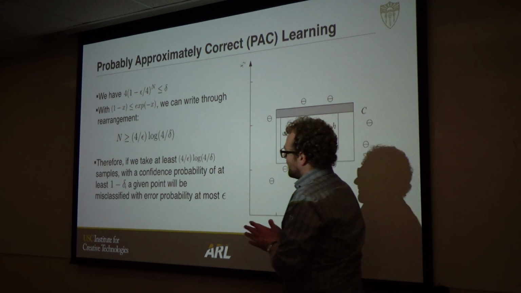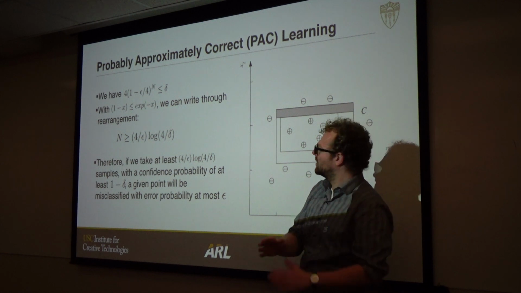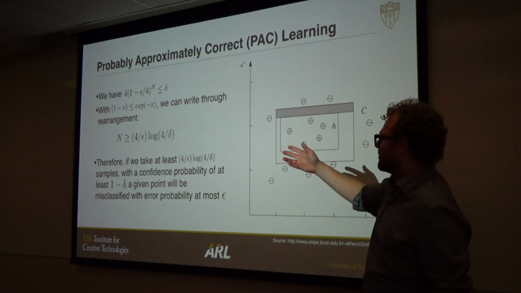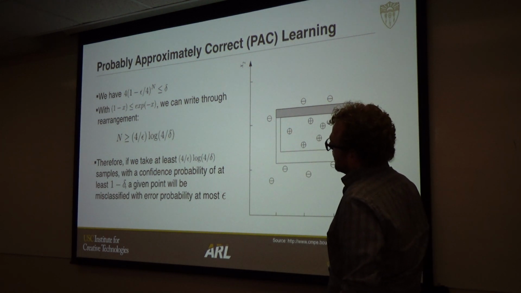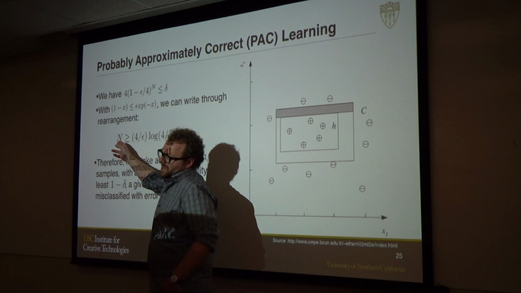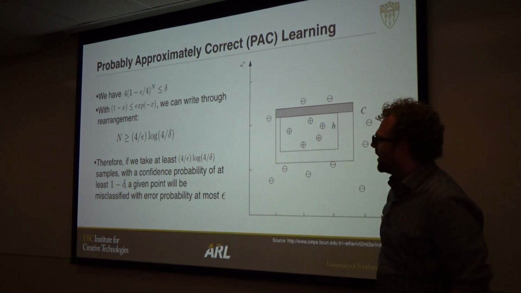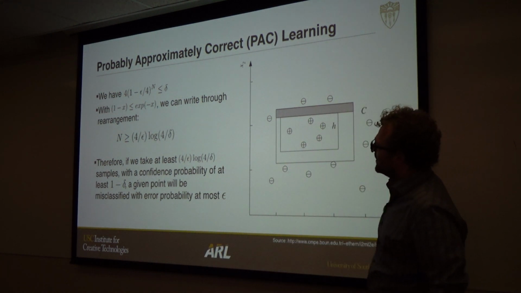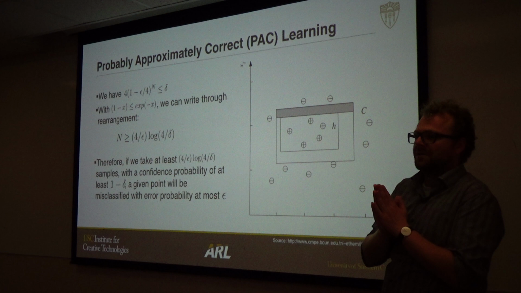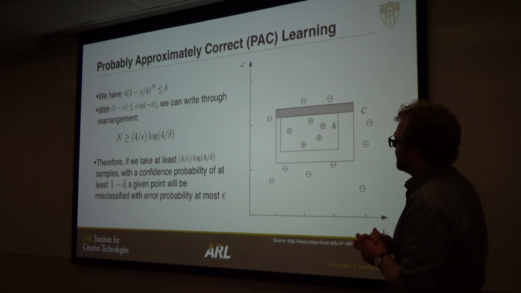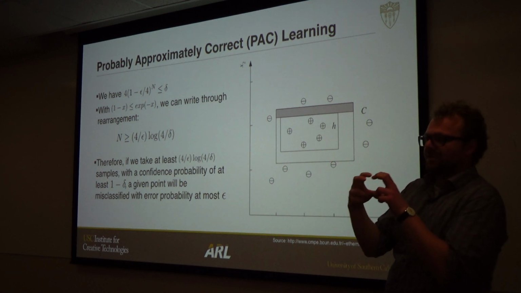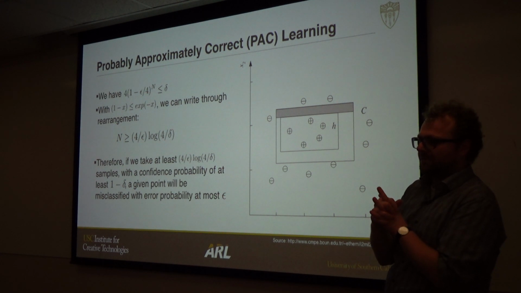So if we want our error to be super small, which means epsilon is really, really small, it could be 0, but let's say it's very, very small, then we need a very large n, okay? And the same for delta: if delta is really, really small, then we need a very large n. That means we need a lot of information about our distribution to be able to find a solution that is very, very correct, okay?